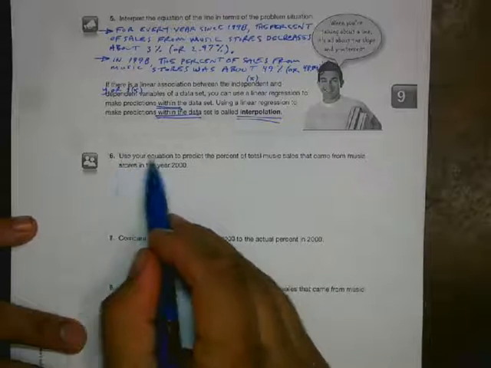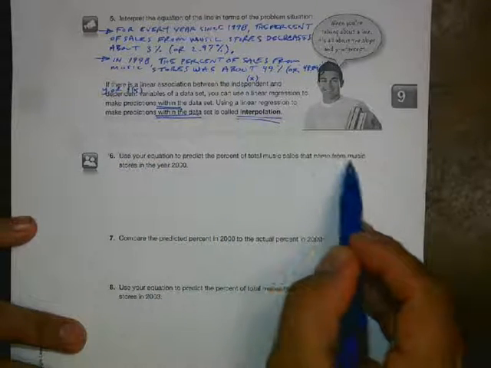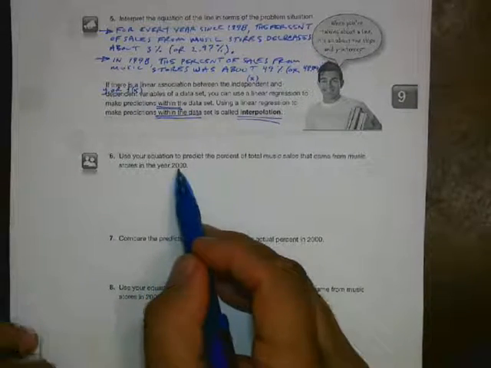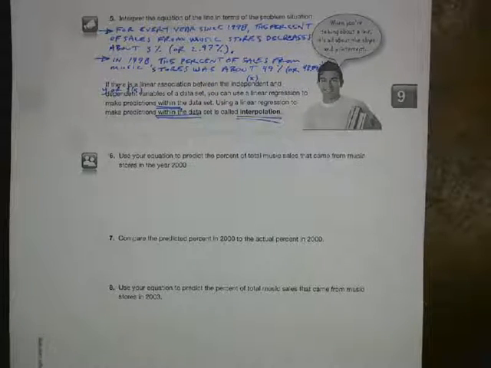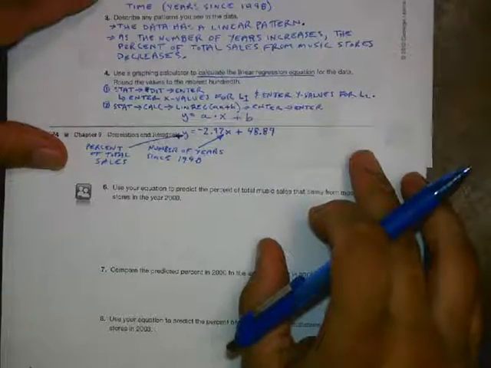Use your equation to predict the percent of total music sales that came from music stores in the year 2000. Alright, so to actually go about this, we're going to use some of what we derived already. And what we derived in the last page, let me pull that up real quick, is right there.